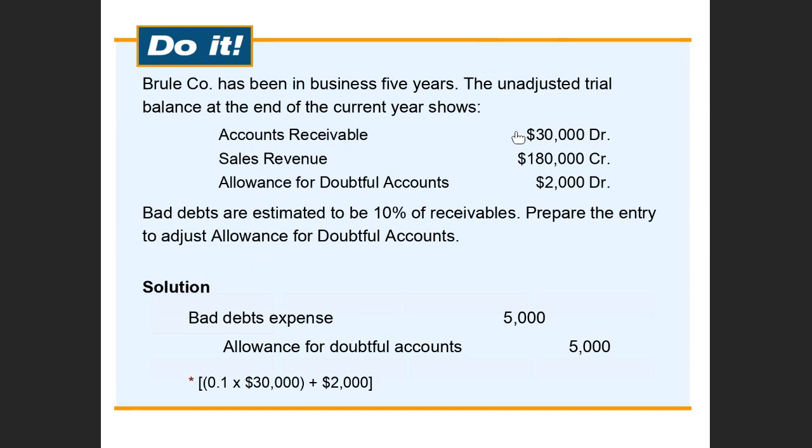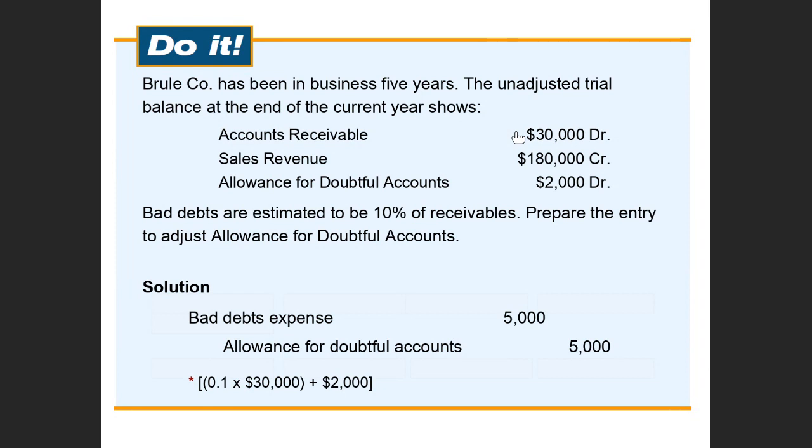accounts receivable, 30,000, right? This is the accounts receivable. The question tells you that allowance for doubtful accounts should be 10% of that.